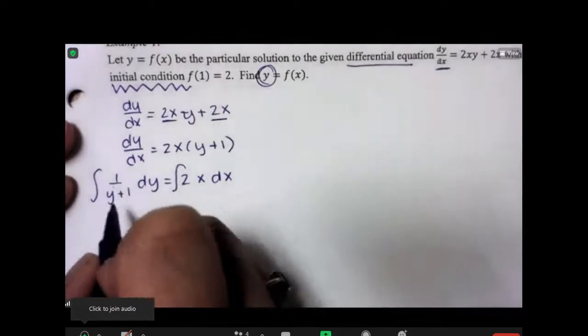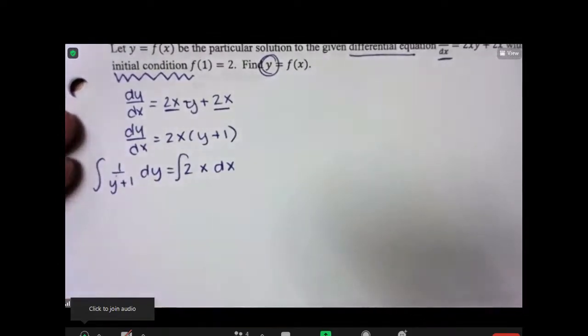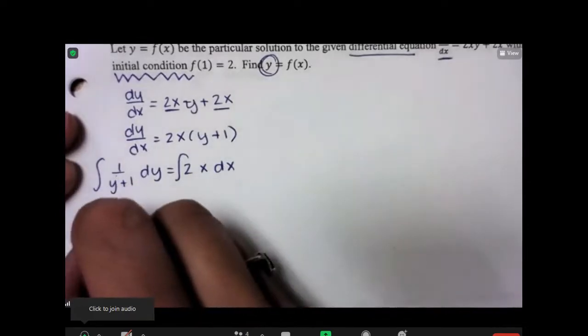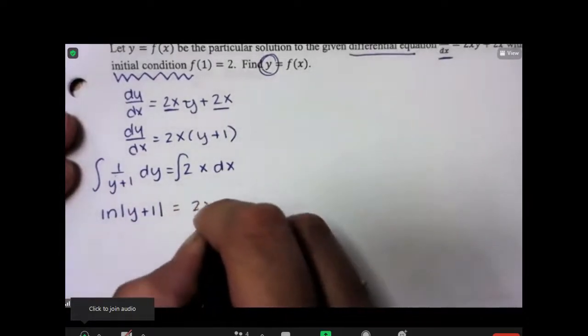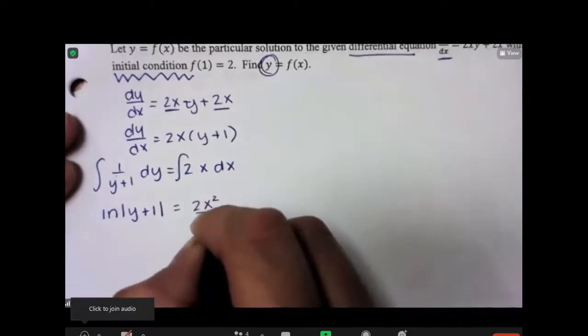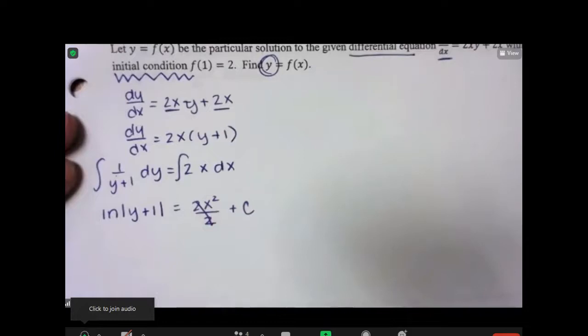Anytime you have a function under 1, it's going to be an ln. So this is going to be the natural log of the absolute value of y plus 1 equals 2x squared over 2. So your 2's cancel, plus c.